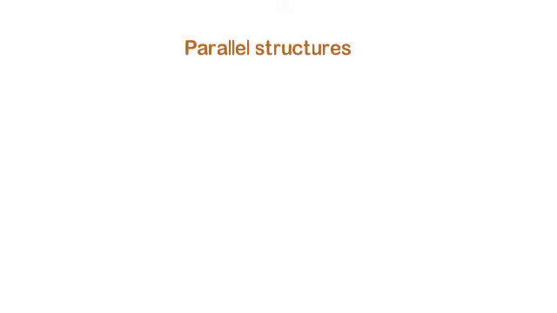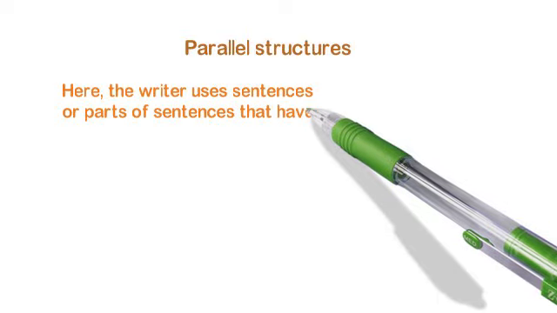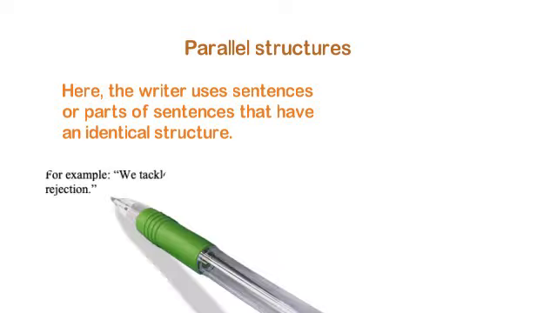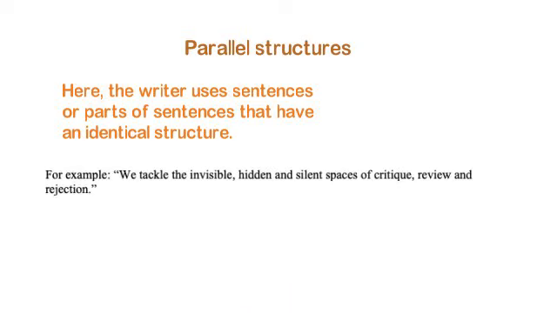Another device is parallel structures. Here the writer uses sentences or parts of sentences that have an identical structure. For example, we tackle the invisible, hidden, silent spaces of critique, review, and rejection. And then in the subsequent paragraphs, you might discuss the invisible, hidden, and silent spaces, and then following that, critique, review, and rejection.